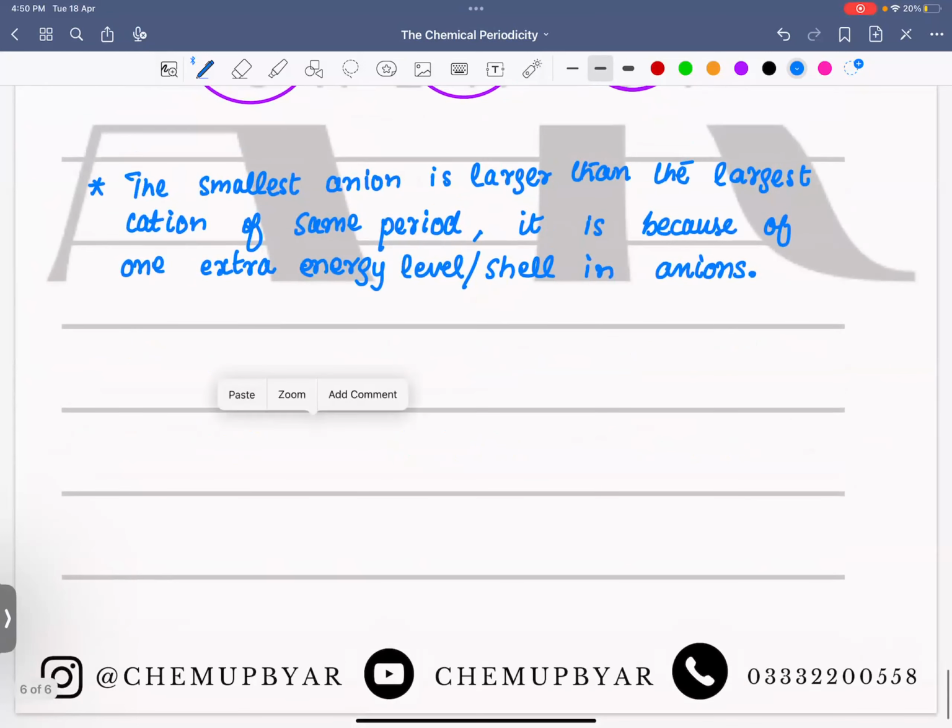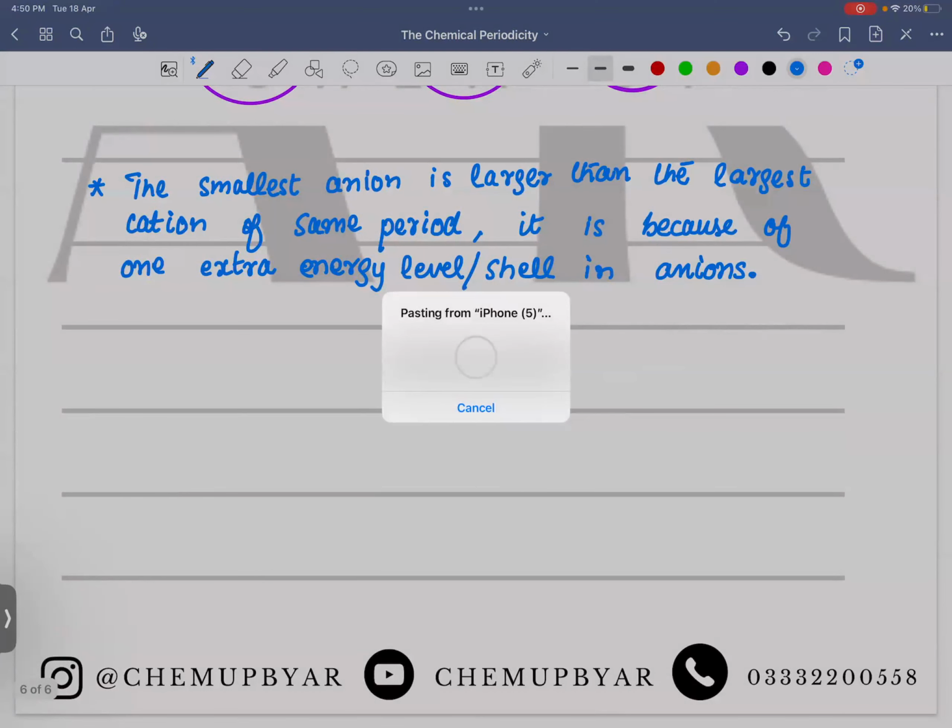Okay, so now have a look at the graph. The examiner asks the graph sometimes, so you know how to show the graph.